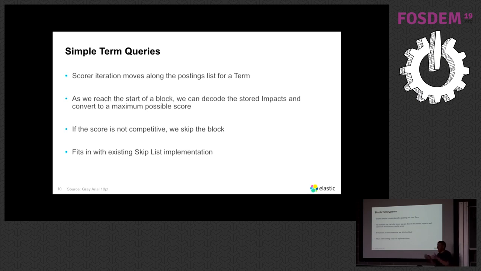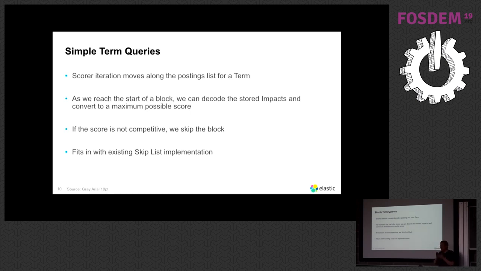So you have your index. Your index is a big, long, alphabetically sorted list of terms, and then against each of those terms, you have a list of documents in which that term appears. And if you want to find which documents are matching a term, you look up in the terms dictionary, you find the term you're looking for, and then you just read off the postings list, and that gives you your documents in order.